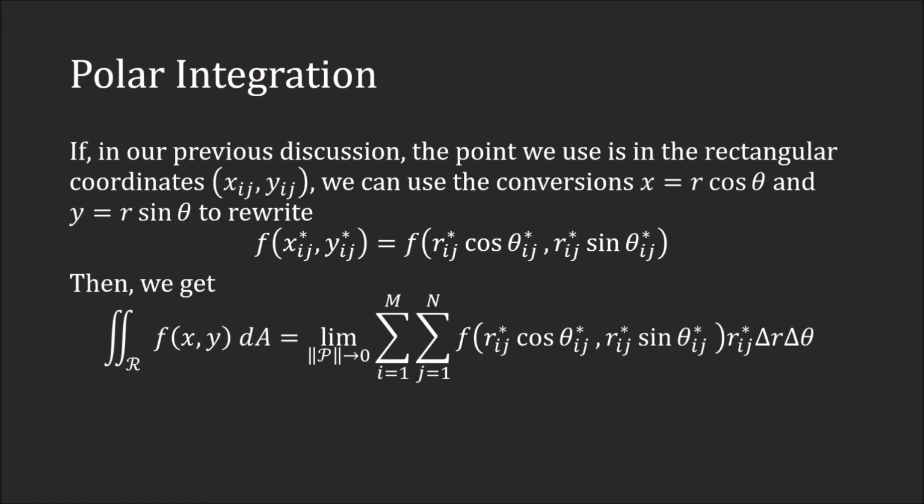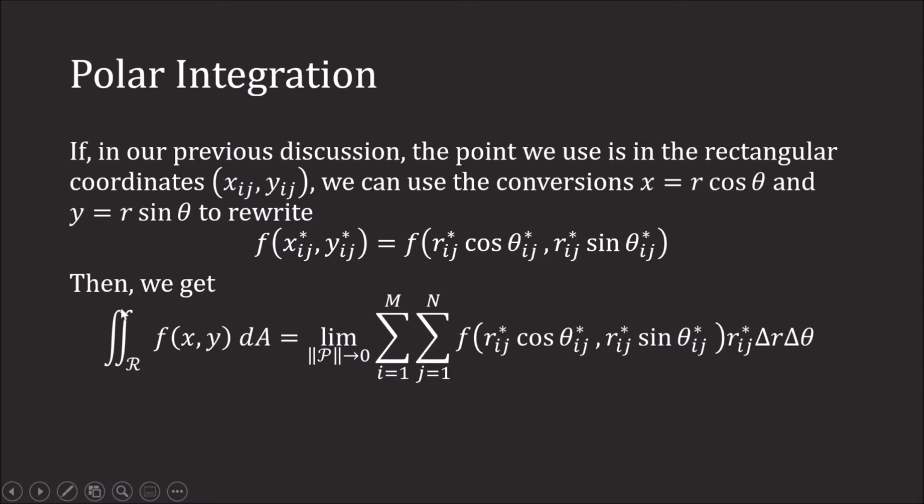Well, in our previous discussion, if the point we use is in the rectangular coordinates (x sub ij star, y sub ij star), then we simply use the conversions, x equals r cosine theta and y equals r sine theta, that we studied way back when we were studying vectors, to rewrite f of (x sub ij star, y sub ij star) as f of (r sub ij star times cosine of theta sub ij star, r sub ij star times sine of theta sub ij star).